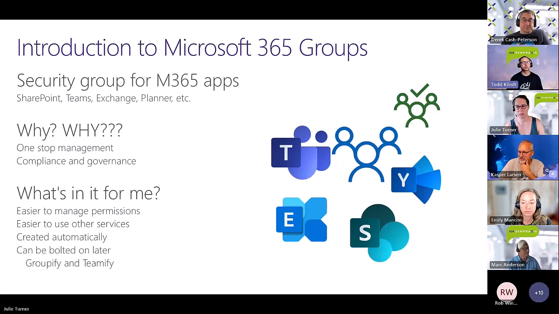And that's kind of the problem that Groups is trying to solve. So SharePoint doesn't have to have mail because Exchange has it. It doesn't have to have a real-time chat because Teams has it, and so on and so forth. So Groups gives us this one pane, sort of, one-stop management for all these things. And if you make the permission change at the group level or at the app level, it goes to all the other ones.